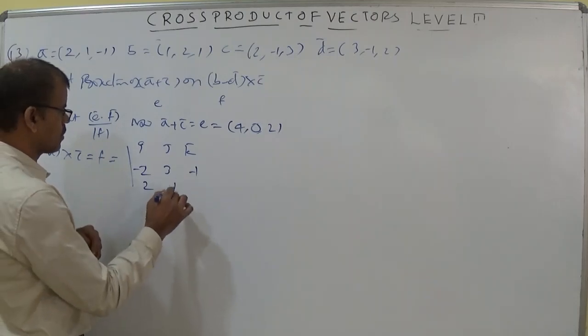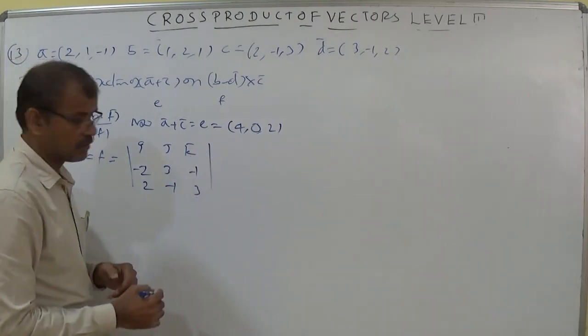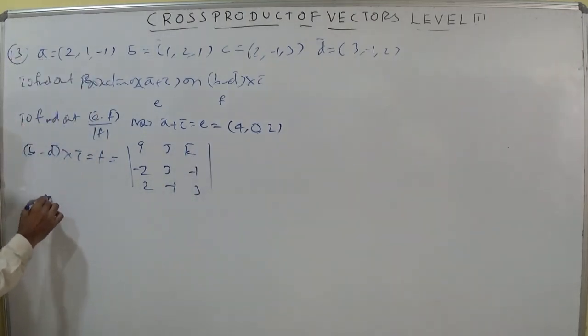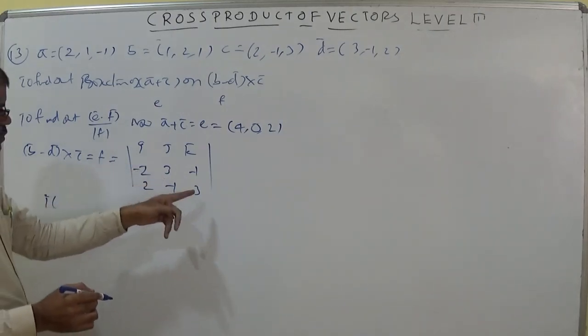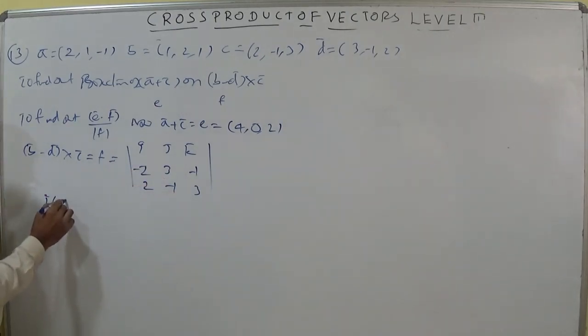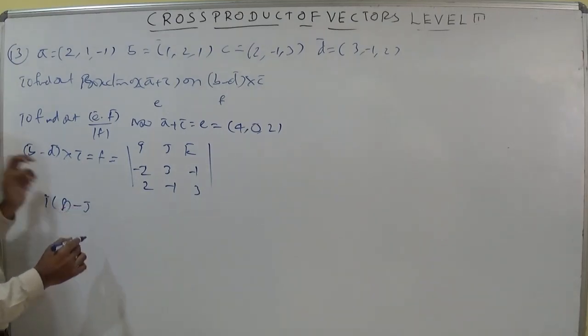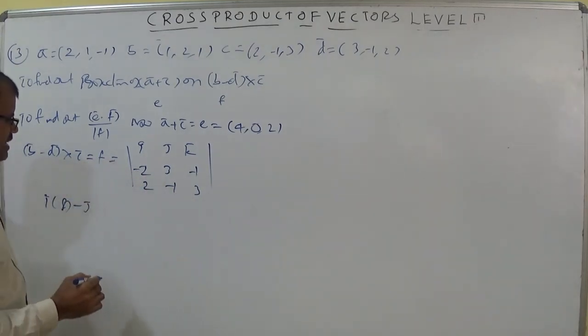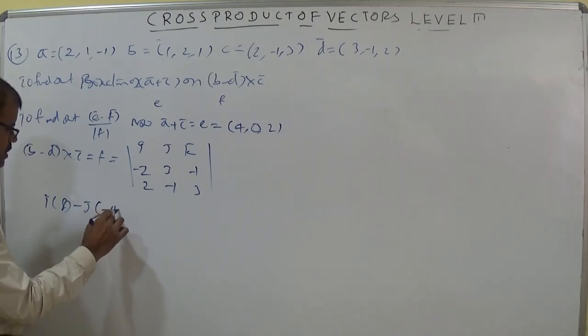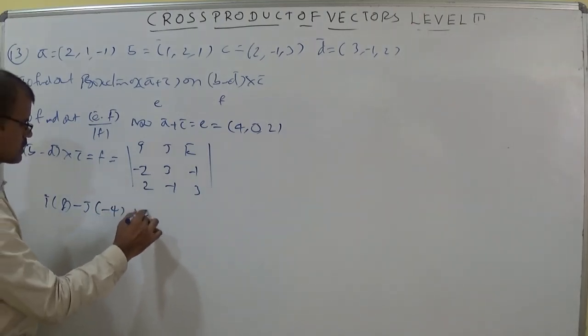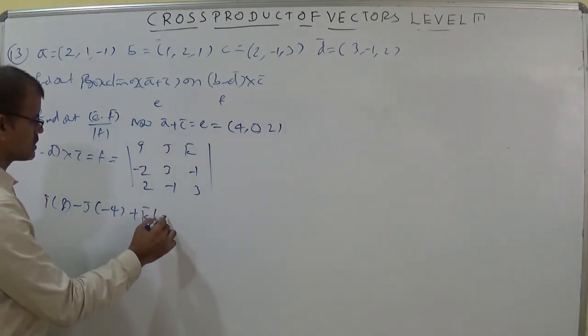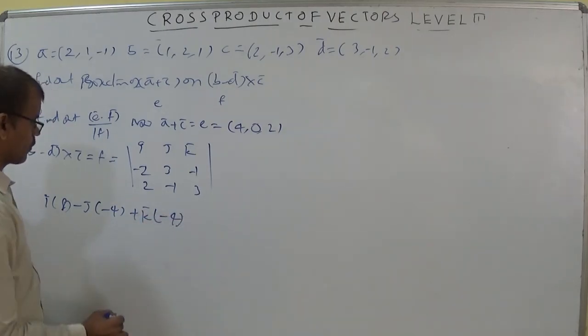Here you write 2 comma minus 1 comma 3. Taking the cross product, i into 9 minus 1, this is 8. Minus j into minus 6 plus 2, minus 6 plus 2 becomes minus 4. Plus k into 2 minus 6, this is also minus 4.